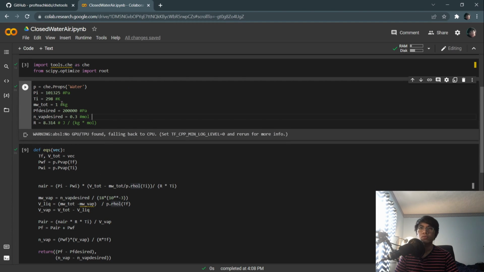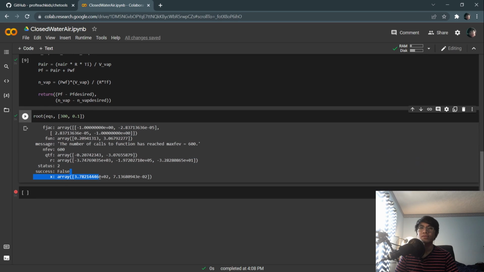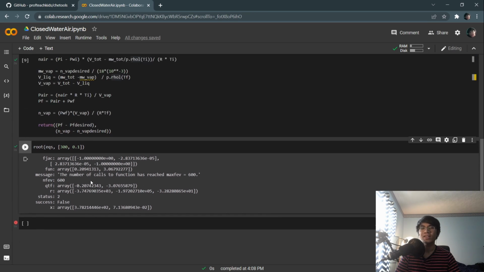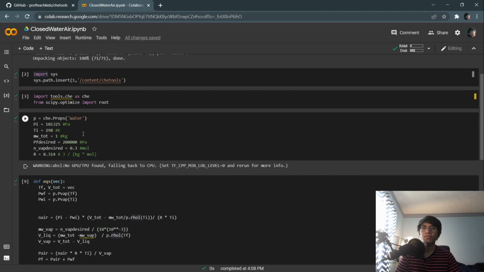Once it was heated up to, where was it? It is the final temperature, sorry. This is the final temperature, 378 Kelvin, resulting from the initial conditions of the pressure being equal to 101,325 pascals, the temperature initially being 298 Kelvin, and the initial mass being 1 kilogram of water total.